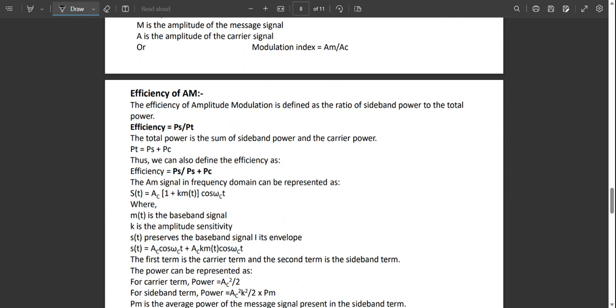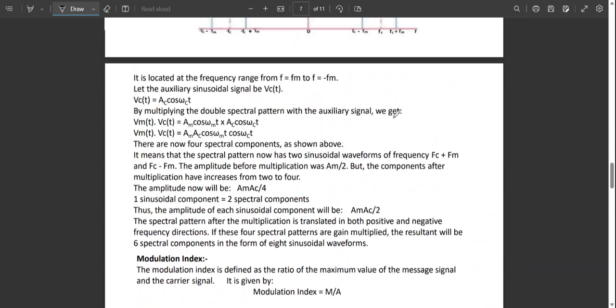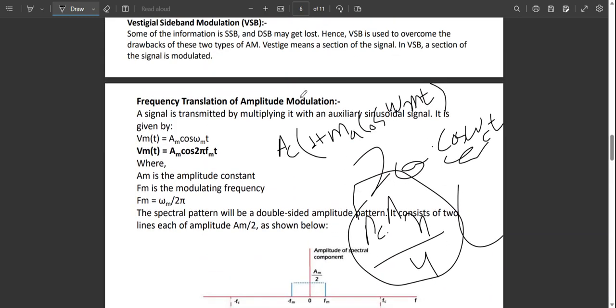Now we can calculate the power of the whole message signal. We have seen that s(t) equals Ac into 1 plus ma cos omega m t into cos omega c t.